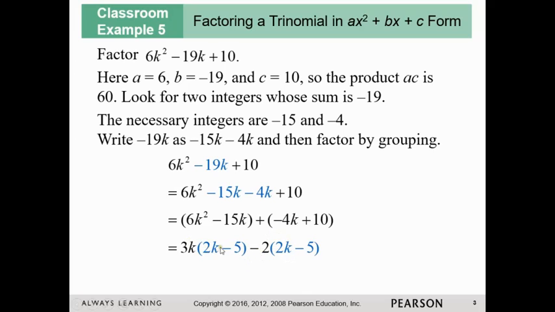So what we do, the magical step that happens, is we factor out the 2k minus 5. So we've just factored this trinomial here using the AC method. We got 2k minus 5 times 3k minus 2.